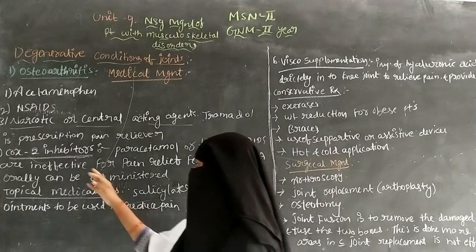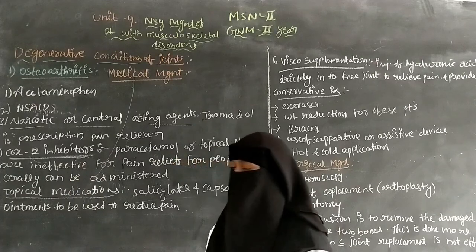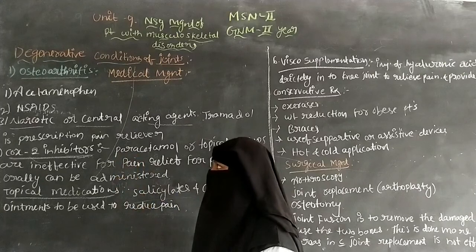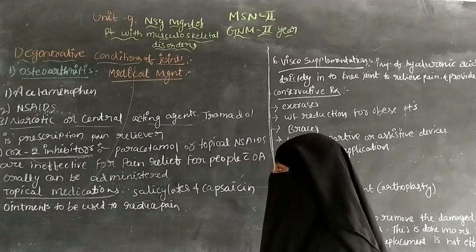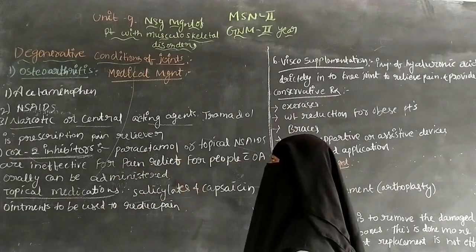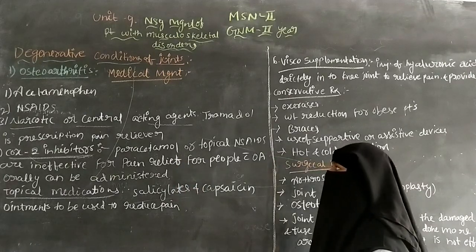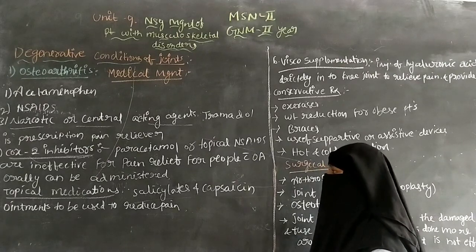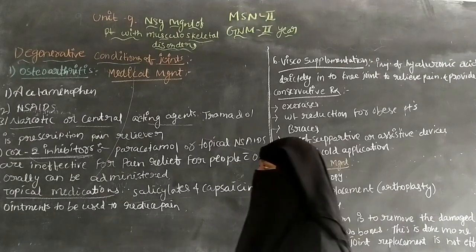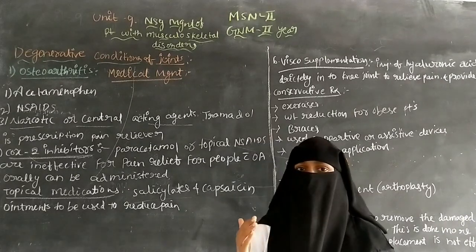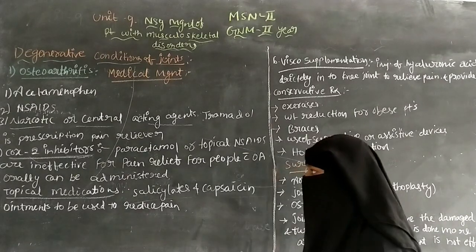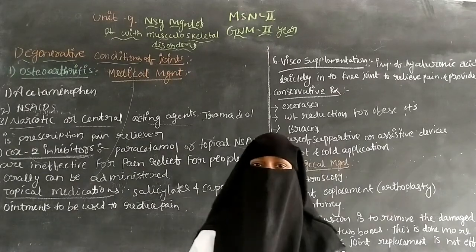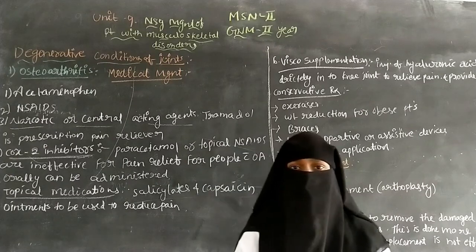The next one is COX-2 inhibitors, which are non-steroidal anti-inflammatory drugs. Paracetamol or topical non-steroidal anti-inflammatories can be used for pain relief in people with osteoarthritis. COX-2 inhibitors include paracetamol and topical non-steroidal anti-inflammatory drugs.